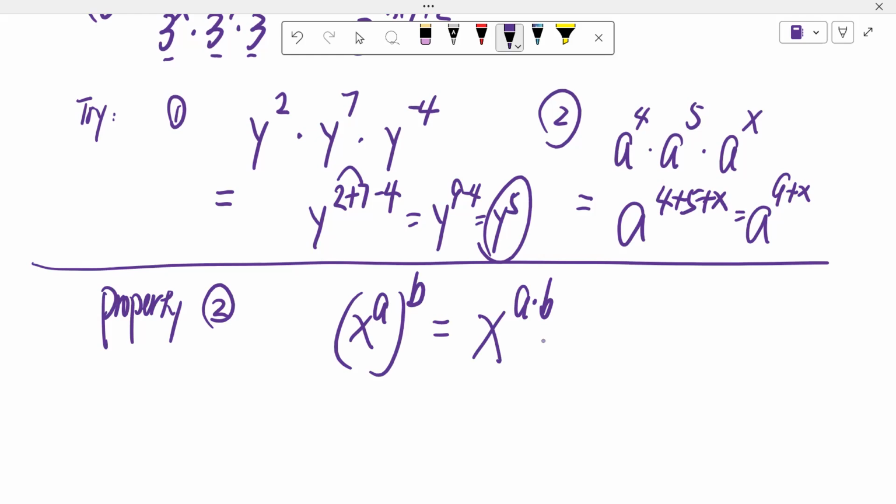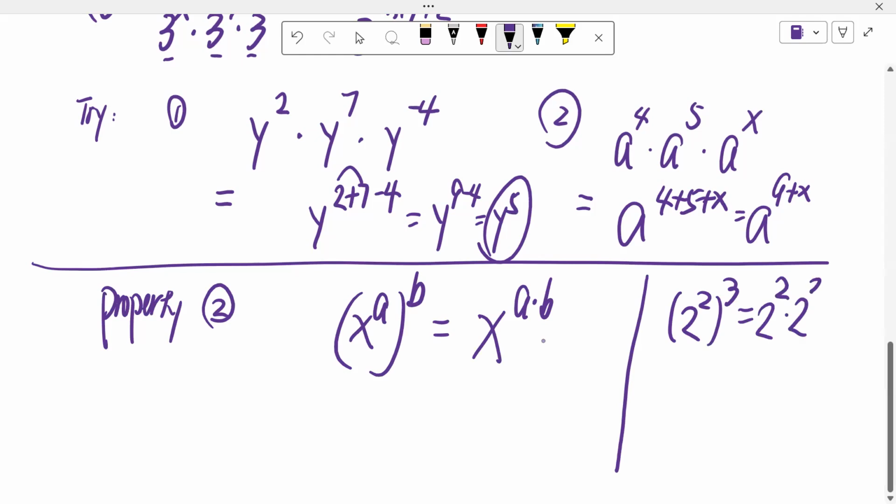We can easily prove this. Let's say we have 2 squared to the third power. This is the same thing as 2 to the second times 2 to the second times 2 to the second. If you sum this up, it will be 2 plus 2 plus 2, which is 6. And 6 comes from 2 times 3. That's why we come out with the same result.